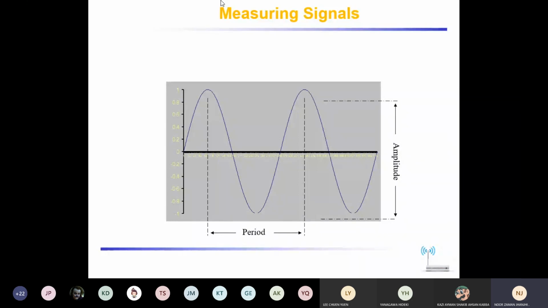You need to know what the amplitude and the period actually are. The period is from one top rising of the signal wave to the next top rising of the signal wave. This duration is known as a period. I hope you understand.